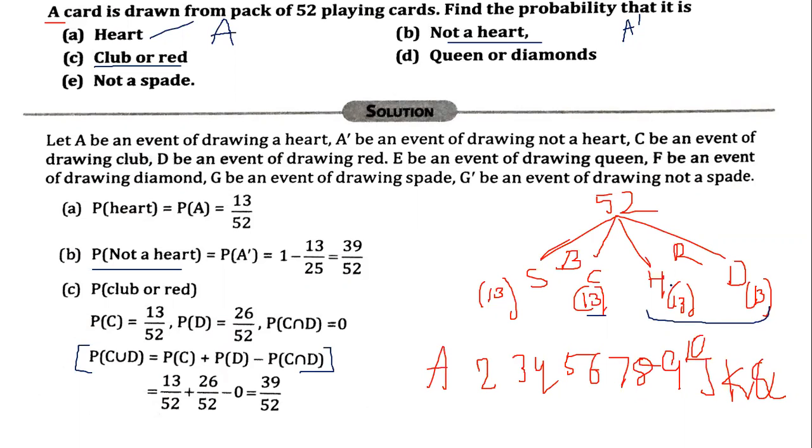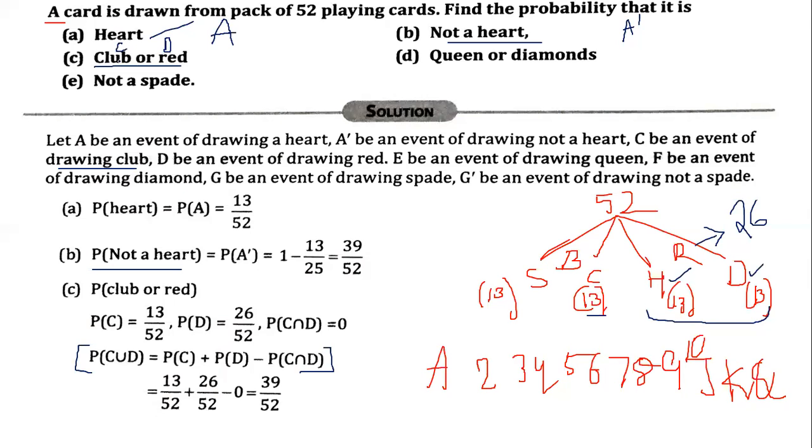In red cards there are heart cards as well as diamond, which means the total number of red cards is 26. So let C be an event of drawing a club, and D is an event of drawing a red color card. Now we are taking two different events.